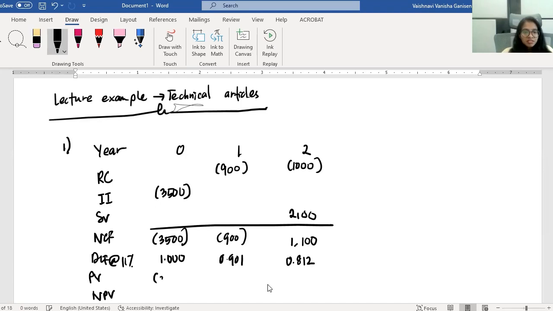So to calculate my present value, 3,500, 900, 810.9. Okay, I'm just going to round it up to become 811, to make it easier.